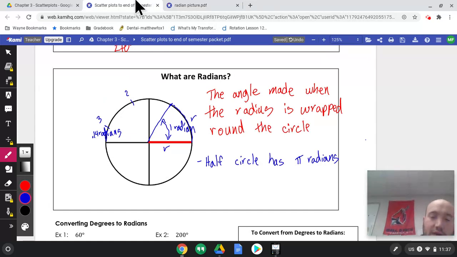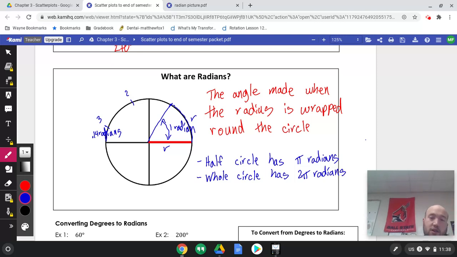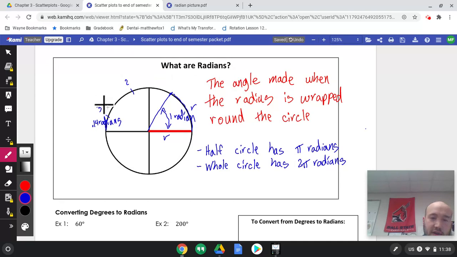Okay, so right here, we're going to write that the whole circle has 2 pi radians. Now if we know half the circle is 180, and half the circle is also pi radians, I could set it up here. Pi radians equals 180.